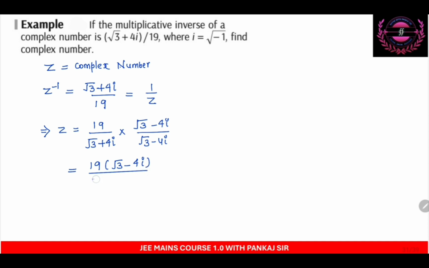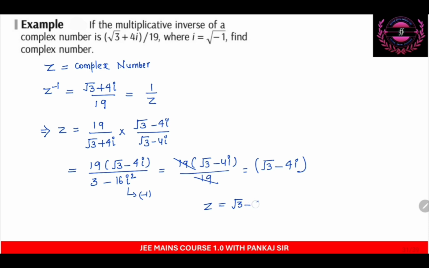So a square is root 3 square, which is 3, minus b square, which is (4 iota) whole square, so it becomes 16 iota square. Iota square is minus 1, so 3 plus 16 becomes 19. So I have 19 into (root 3 minus 4 iota) upon 19. 19 cancels out, so I am left with root 3 minus 4 iota. So the complex number z is root 3 minus 4 iota.